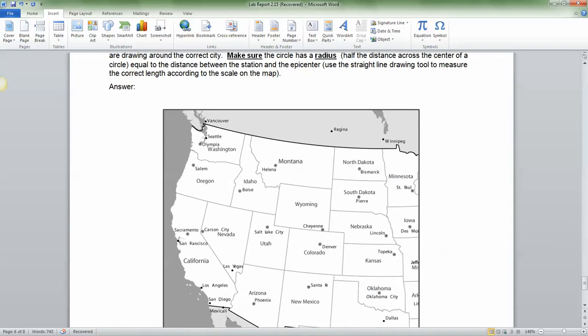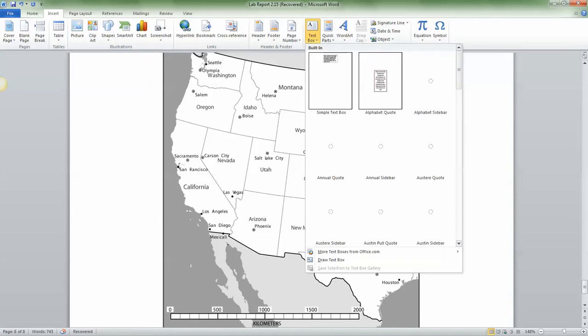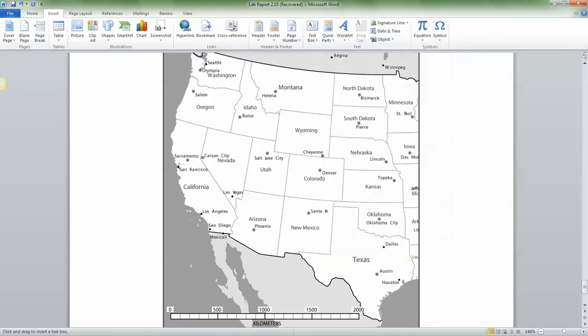When you have gathered all of your distance information, it's time to draw some circles on this map of a portion of the United States that shows where the epicenter is located. I have some pretend data that we're going to use so I can demonstrate how to draw on your map.